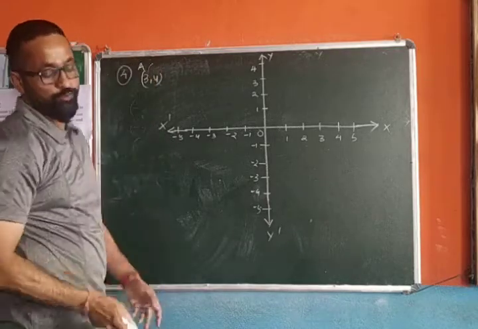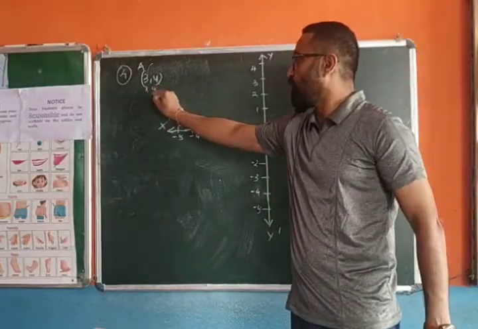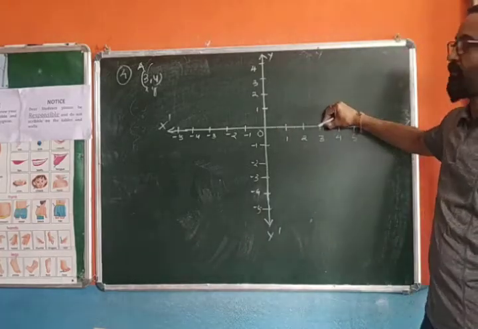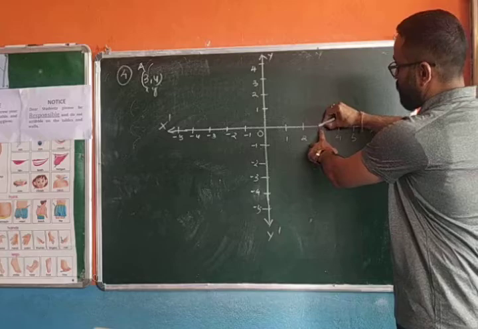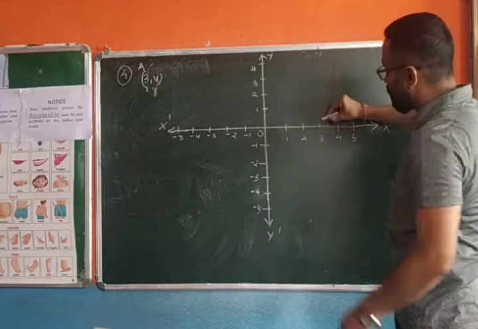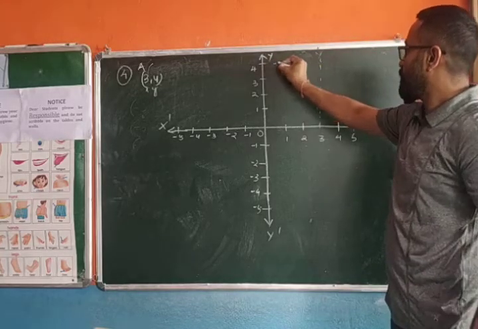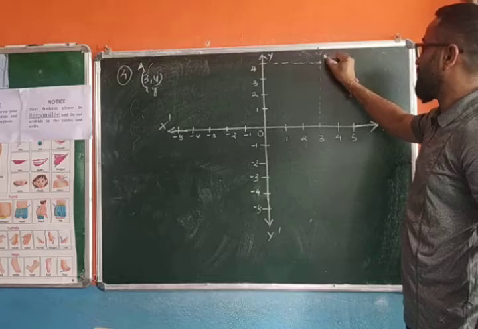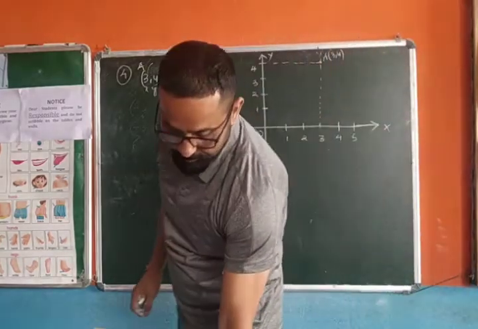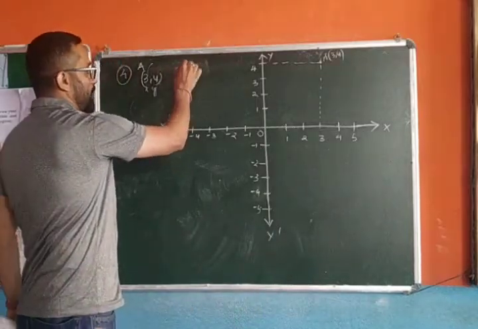If the question says E is 3, 4, so we go for plotting X, then Y: 1, 2, 3, keep your pencil here. Y is 4, so you move up and compare with the Y-axis, or you can draw a vertical line, broken, 3 and 4, intersection is A, 3, 4. Plot -3, 1, B, -3, 1.